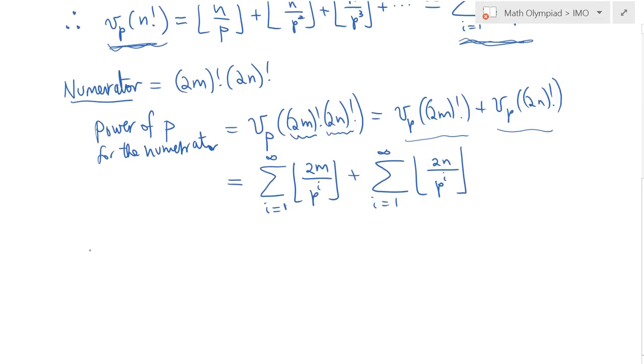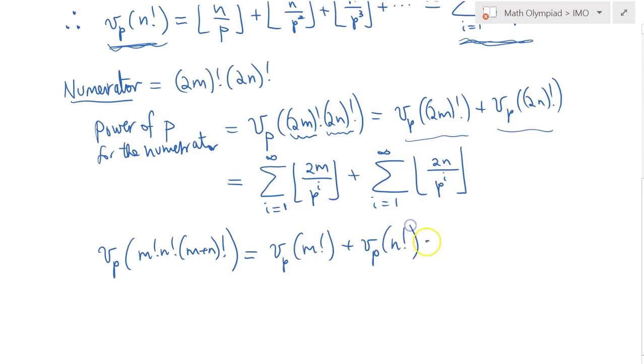So the power of p for the expression in the denominator is simply VP of, remember, the denominator was m factorial, n factorial, m plus n factorial. That's simply equal to, so I can split them, VP of m factorial plus VP of n factorial plus VP of m plus n factorial.